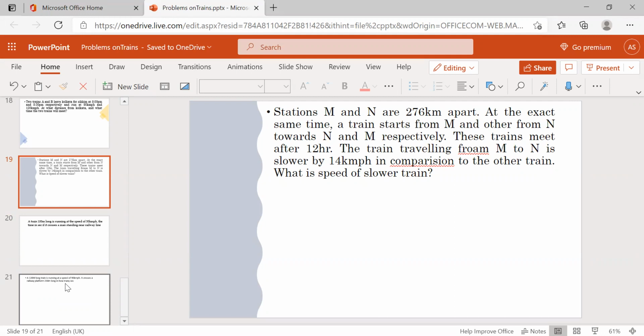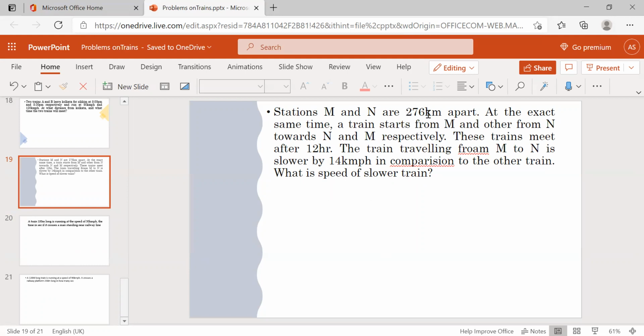These trains meet after 12 hours. The train traveling from M to N is slower by 14 kilometers per hour in comparison to the other train. What is the speed of the slower train? That is what they are asking.